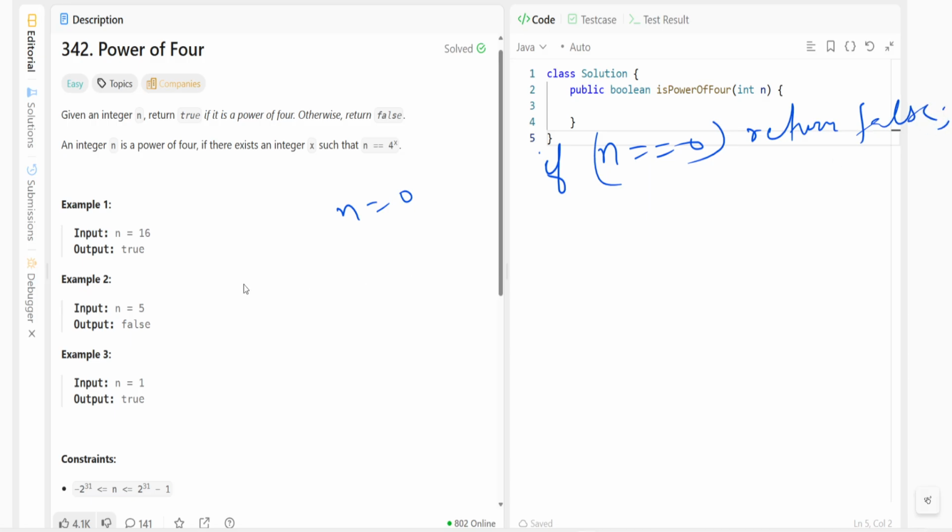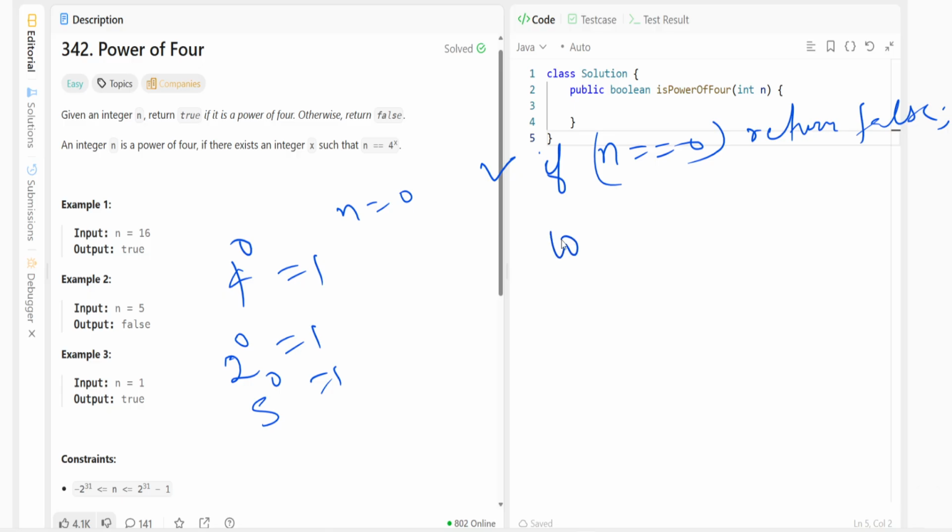It's not a power, because if you put any power, even 0, it will give you 1. So this edge case we will write. You know that any power will give you at least 1, so if n is equal to 0, we will return false.